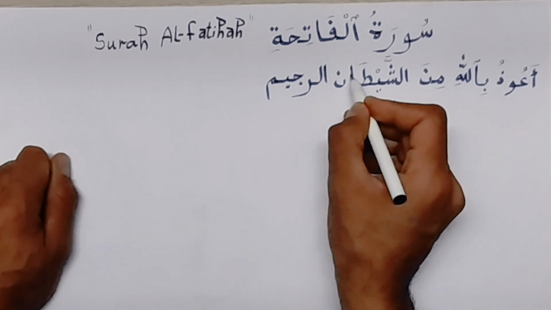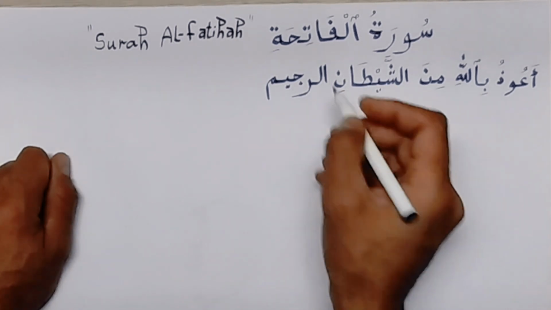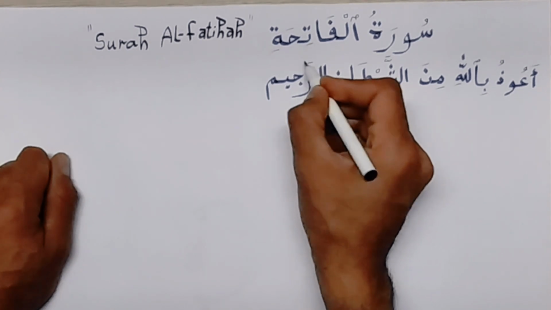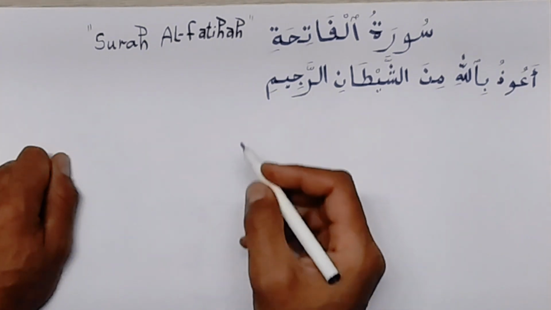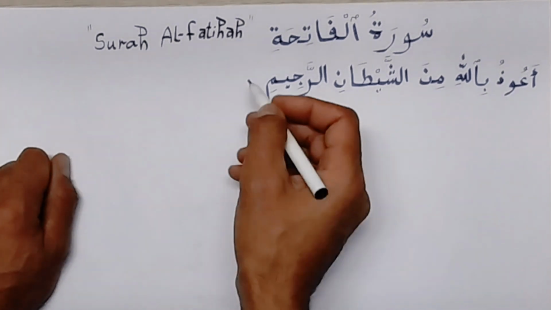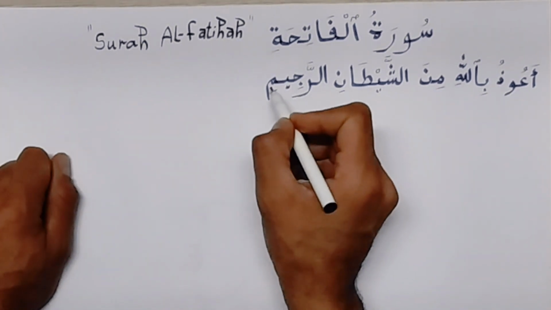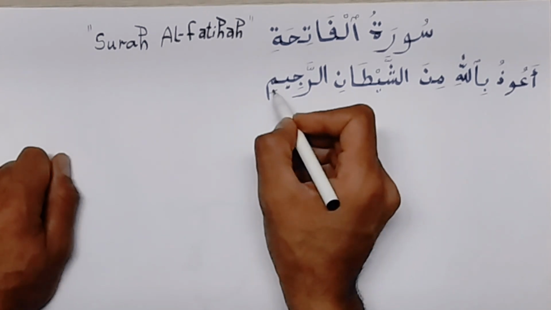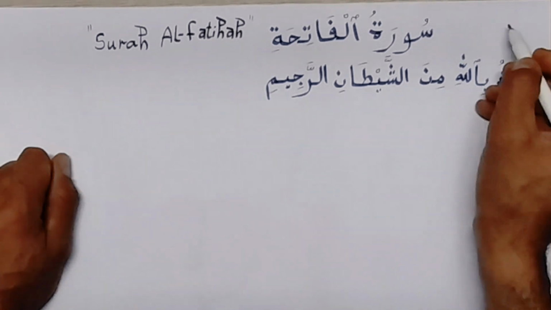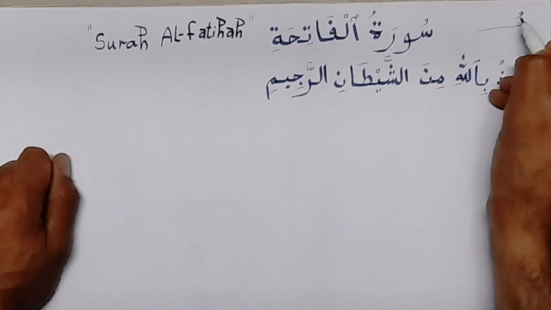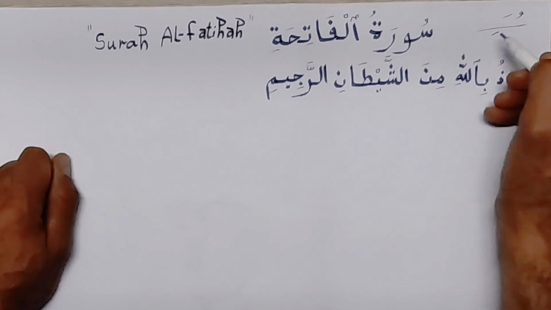Ra. Jimi. But here we stop, so rajim. When you stop, the haraka, okay, if we have haraka, what does it mean haraka? It's dhamma or fatha or kasra.